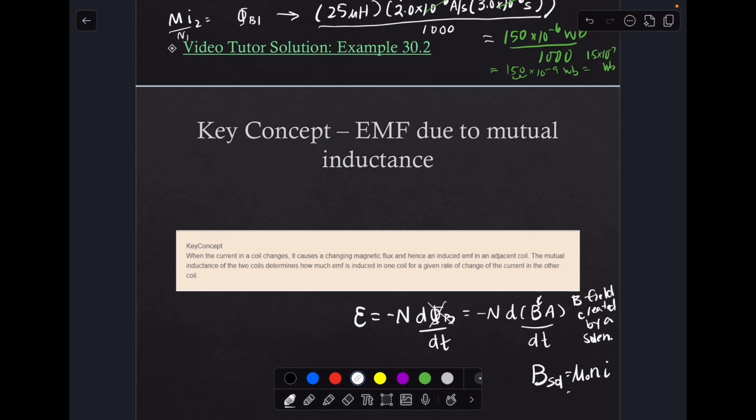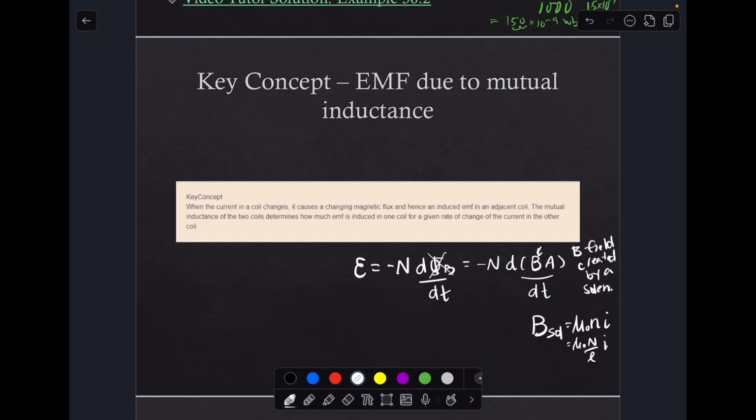Where little n is the number of turns per unit length. That's all we're doing. We're just substituting B in the flux. We're still applying Faraday's law, but now everything is in terms of changing current instead of field. It's the same discussion, but we're focusing on a different aspect of it.